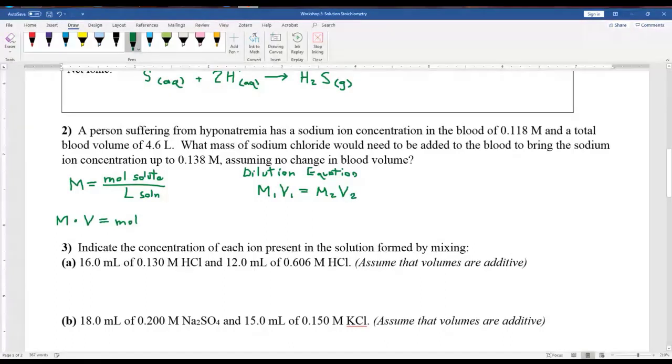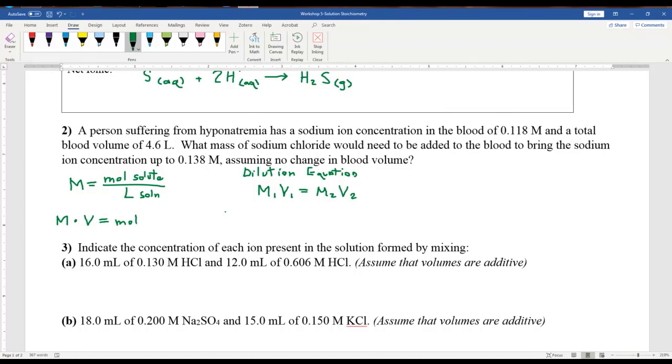Does that make sense? I didn't know that's where that came from. That's amazing. Yeah, technically speaking, M1 and V1 can be the initial concentrated solution, and M2 V2 can be the diluted solution, or vice versa.